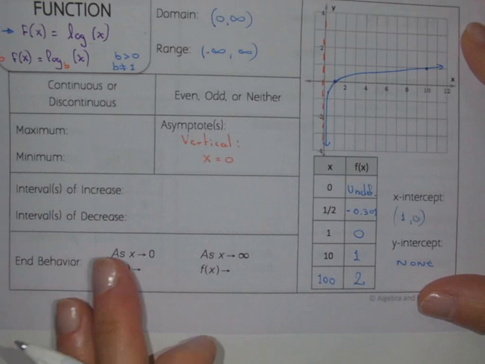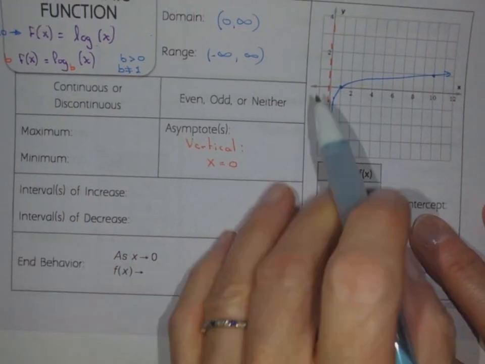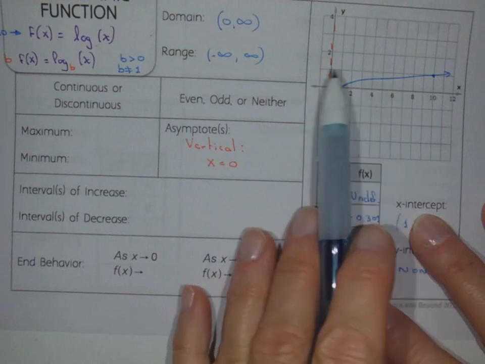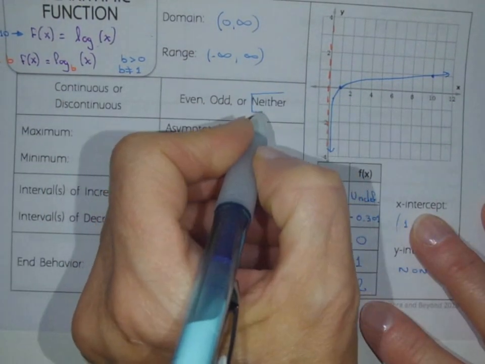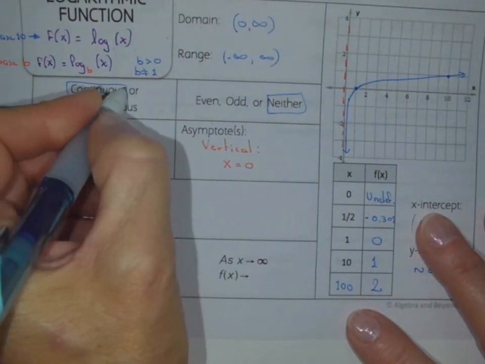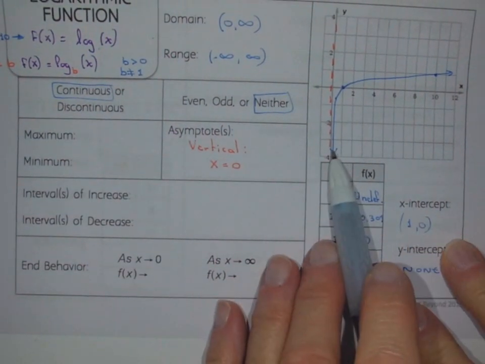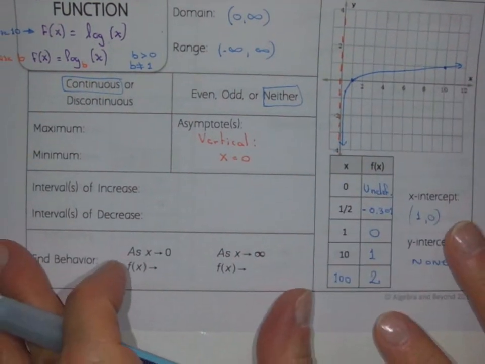Is this function even, odd, or neither? Well, there is no symmetry over the y-axis, there is no symmetry over the origin, so this is neither. And the graph is definitely continuous, because if I start at the most left point, I can draw my whole curve in one stroke without raising my pencil. No discontinuity.